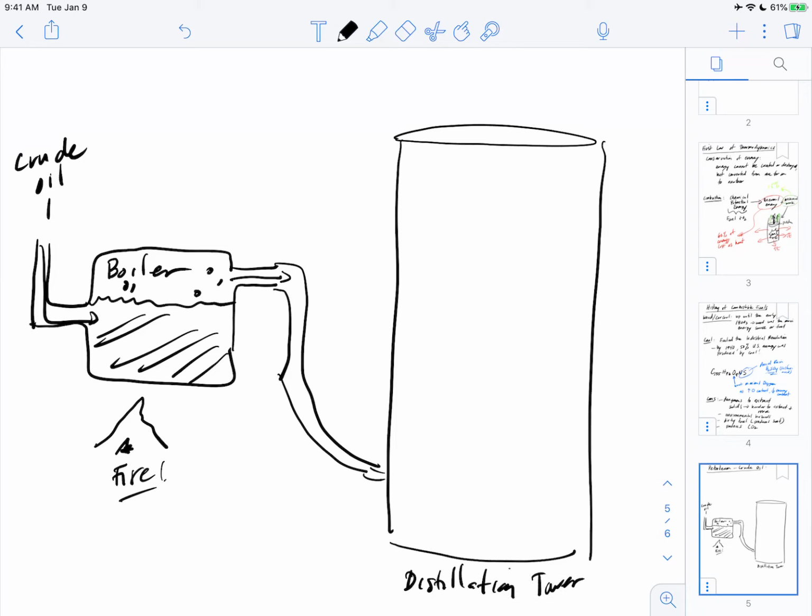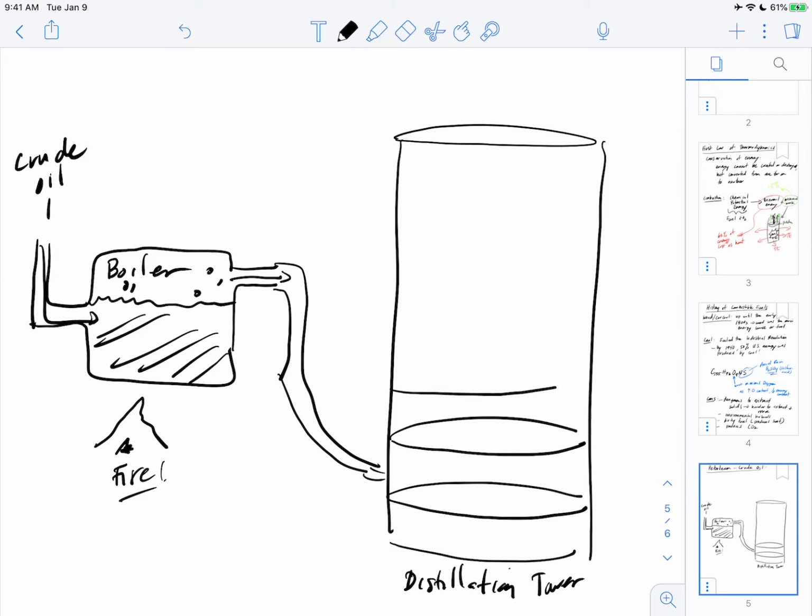If you look at these big refinery plants, you might see these big towers. They have different levels, different plates. I'm going to draw 1, 2, 3, 4, 5, 6 of the plates, and these are each going to separate out the different hydrocarbons.